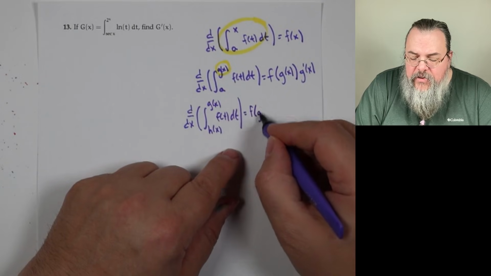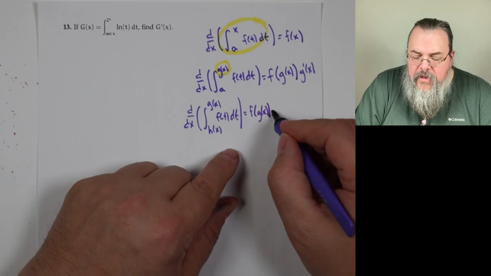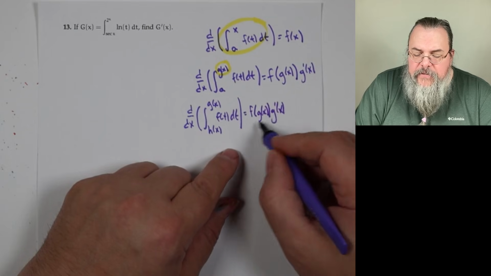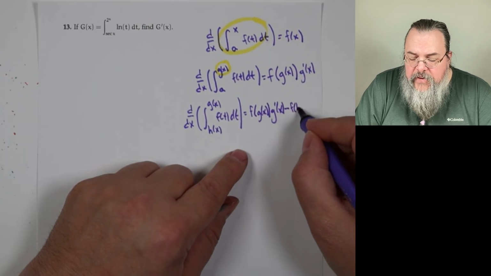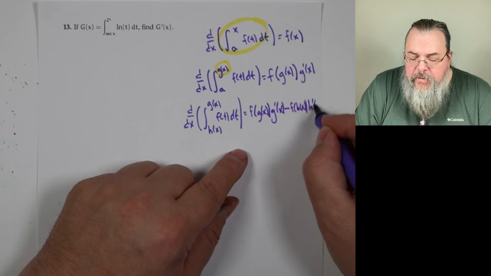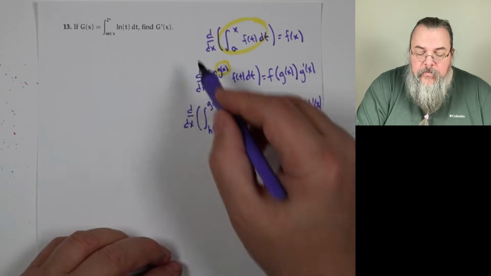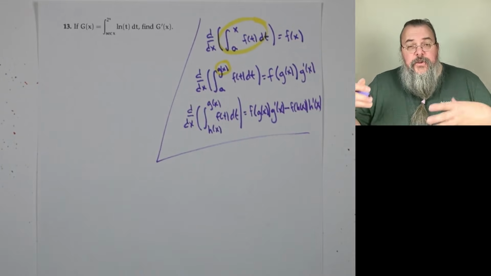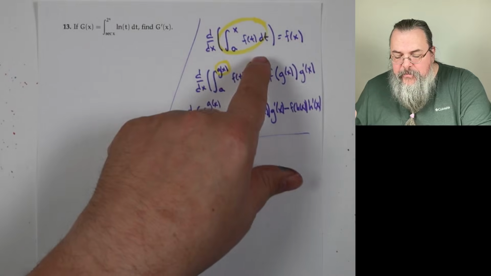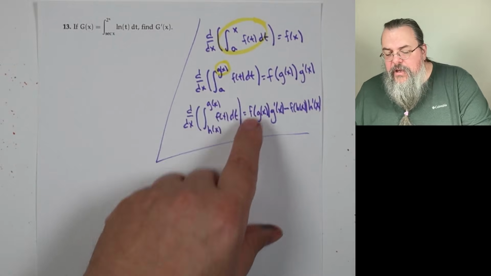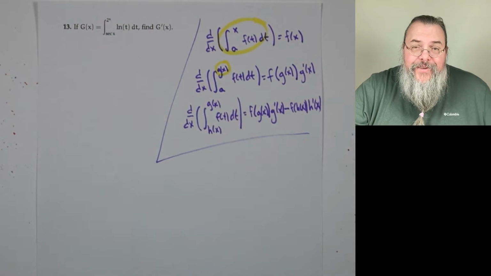So this is the ultimate, in some sense, expression. It's f of g of x times g prime of x, minus f of h of x times h prime of x. All right, so those are your three layers of the fundamental theorem of calculus, from basic to chain rule to chain rule twice, in some sense.